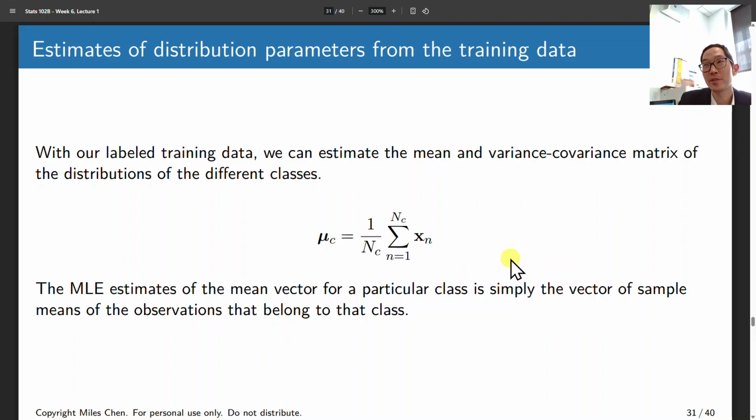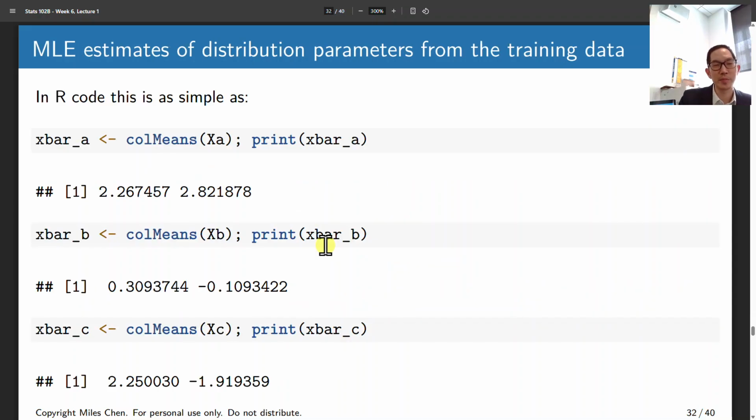And so maximum likelihood estimation for the mean is just the literal mean of the values that belong to that particular class. So we're going to say, okay, all of the observations that belong to class A, we'll take those, add them up, divide by how many we have, and we'll get our vector of means.